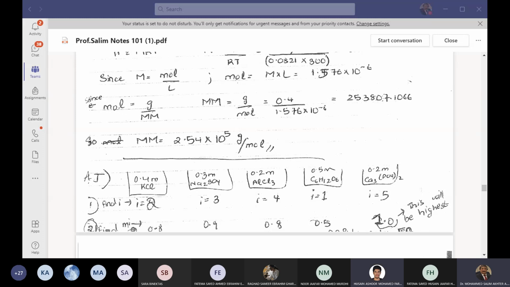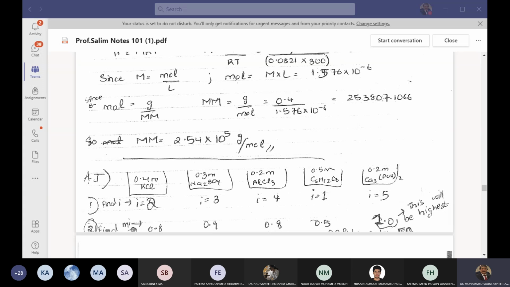I will write down the formula: delta Tf equals Kf m i. So this is 0 minus negative 2.11 equal to 1.86 times m times 4. So m will be equal to 2.11 over 1.86 times 4.